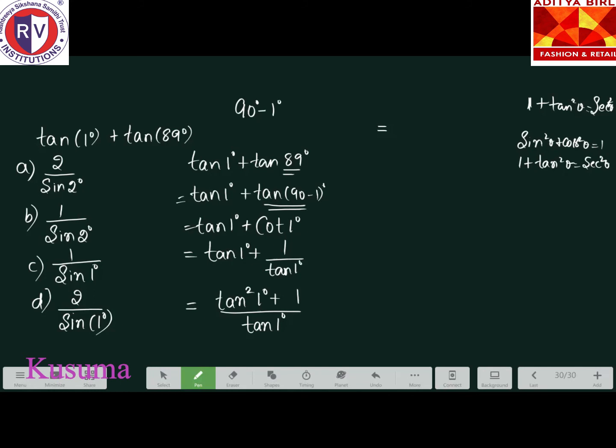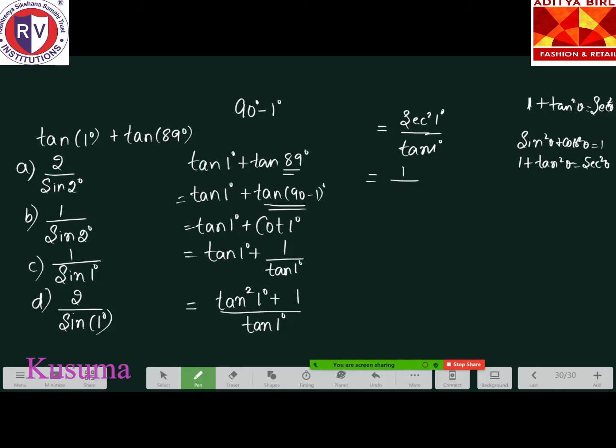Okay. So here there is 1 plus tan square theta. So this is written as secant square 1 degree divided by tan 1 degree. And we know what is secant theta. So it is 1 by cos theta, right? So here it is secant square theta.